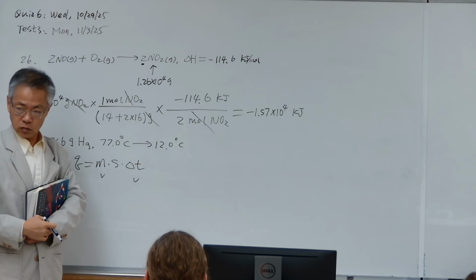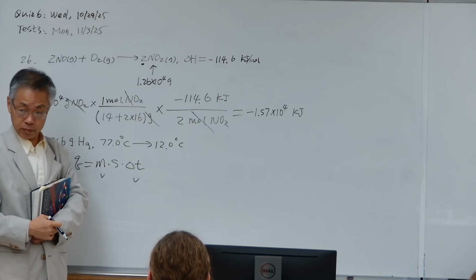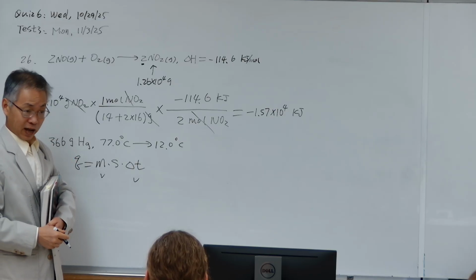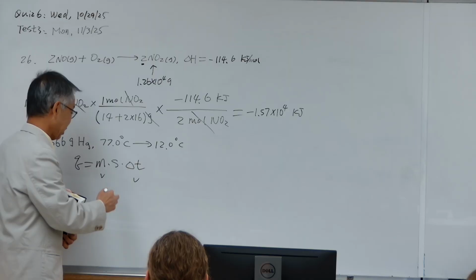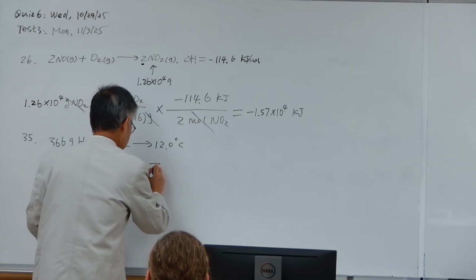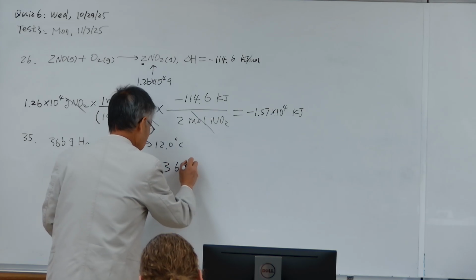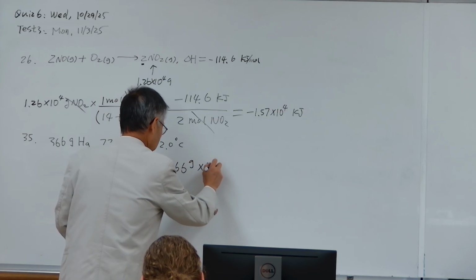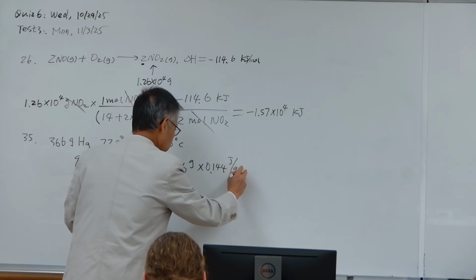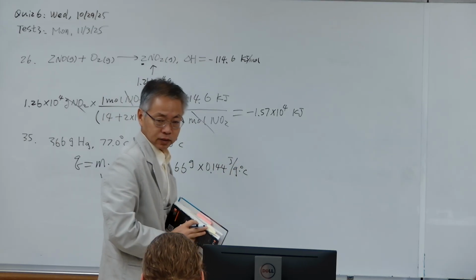Specific heat, during the quiz or test, I will provide you a table. In the PowerPoint slide, we have this table, so we can find the specific heat for mercury. Just plug in the number: 366 gram. For mercury it is 0.444 joule per gram per Celsius degree.